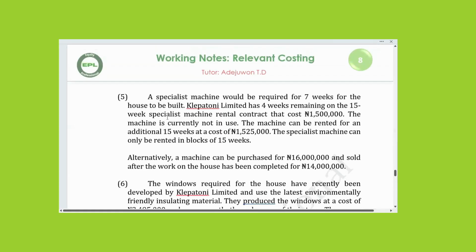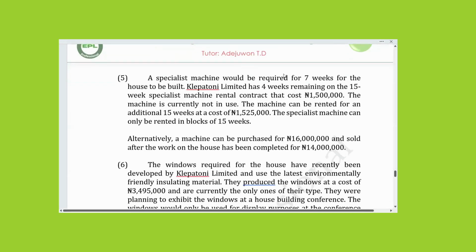So how do we treat this information? If you know it, raise your hand. How do we treat it? Yes, quickly. How do we treat the information? A specialist machine will be required for these projects.